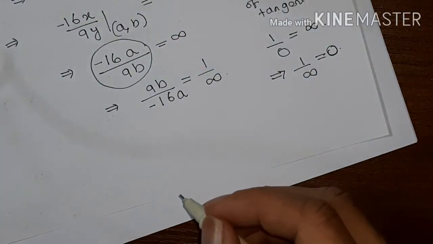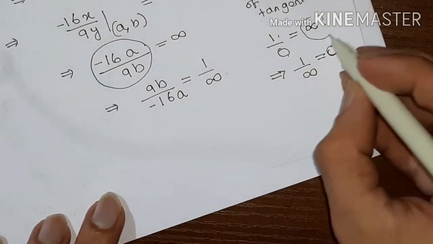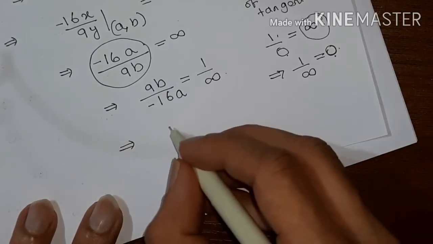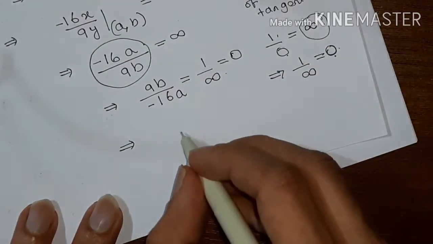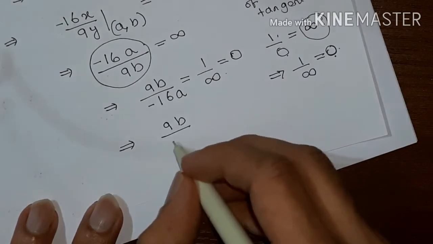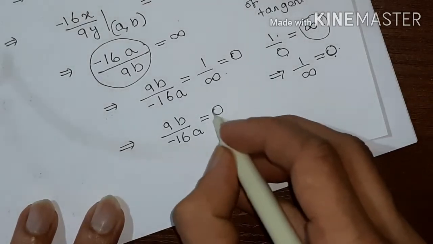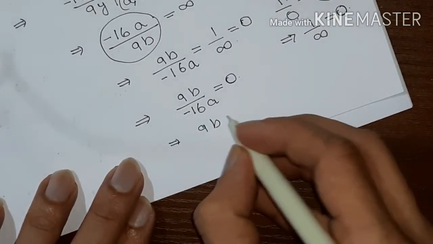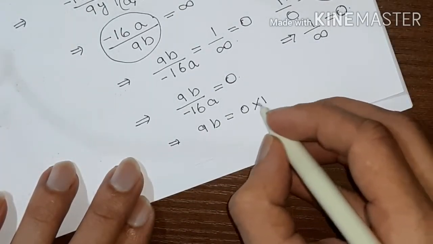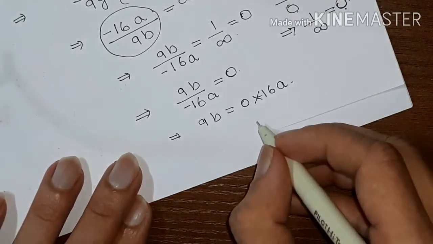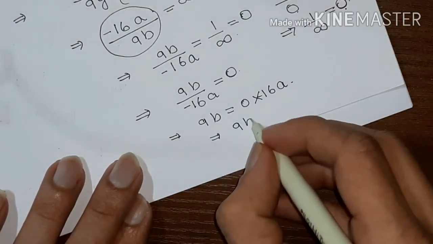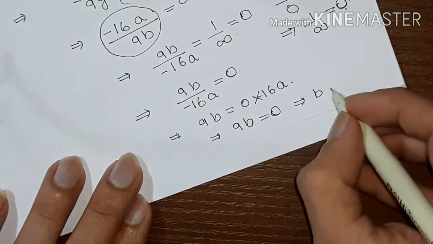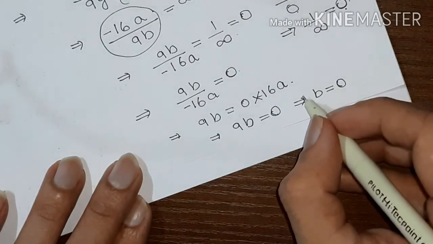So 9b divided by minus 16a is equal to 0. That means 9b is equal to 0 multiplied by minus 16a, which is nothing but 9b equal to 0. That means b is equal to 0, right?